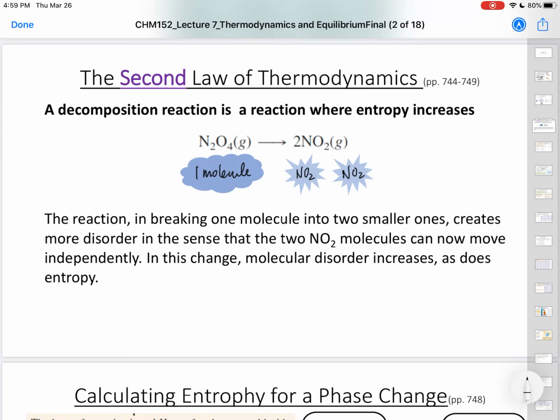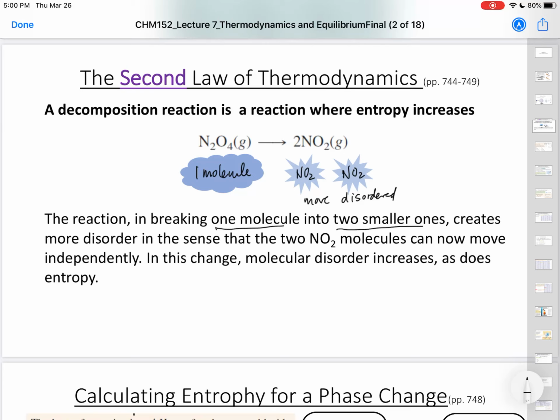Here you have two molecules, one of NO2 and one of NO2. Okay? So you would say that if you had something that's one molecule becoming two things, it is getting more disordered. Okay? And those two parts are more disordered because they can move in all kinds of different directions and in all kinds of different speeds versus the one molecule by itself.